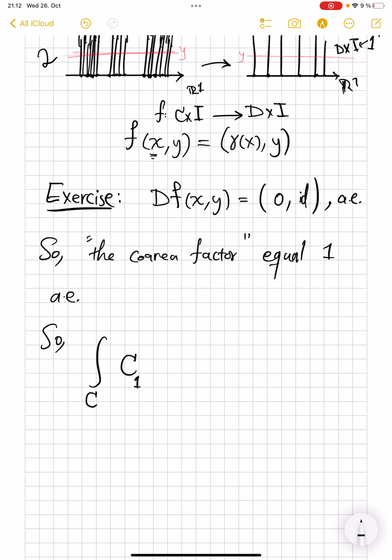So on the space in the domain, if you integrate this Coarea factor of the derivative with respect to L2 measure, then this would be the H2 measure, or L2, the same, of C times I, which is equal to 1/2 by Fubini.